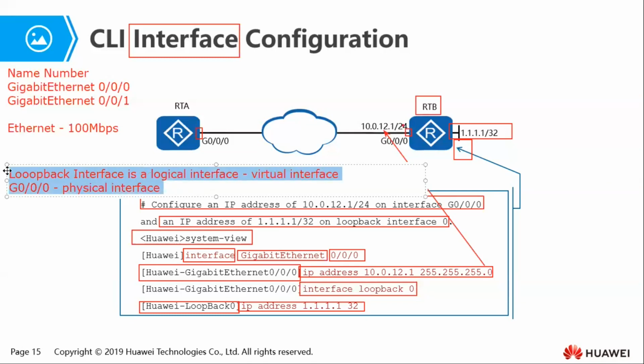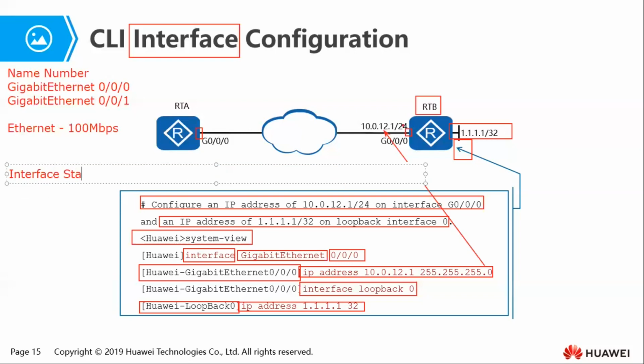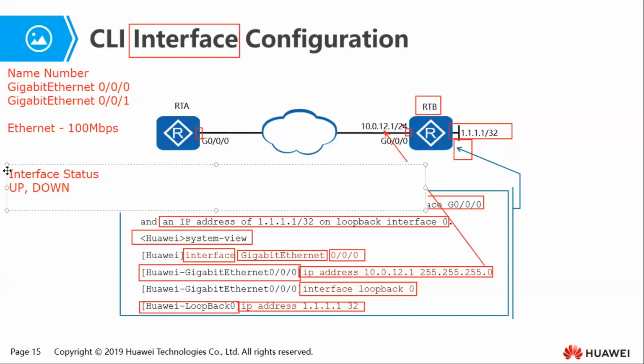So let me talk also about the interface status. I think during the lab, you should be able to see this. The status can be up or it can also be down. I think we have two statuses.